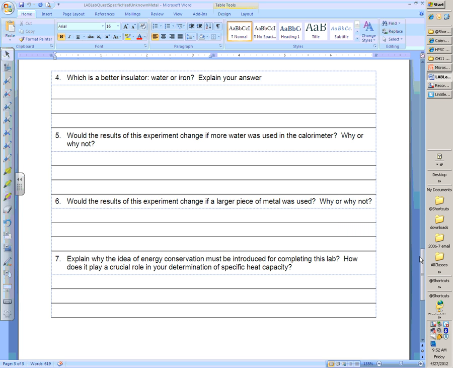How about it absorbs heat, but what doesn't happen because of the heat that it absorbs? The temperature doesn't change very much for the heat that it absorbs. It has to absorb a lot of heat to get the temperature to change. Okay? So that means its temperature is much more likely to stay what? The same or consistent. And that makes it a better insulator. Okay?